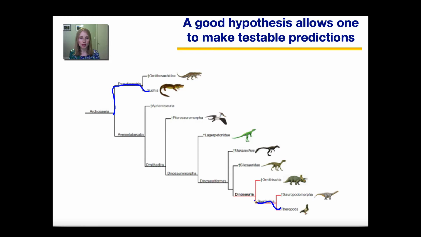So I'm going to take the line of birds and go all the way back to where this line meets dinosaurs. So over here at this point is where there was a common ancestor that gradually gave rise to both crocodiles and birds. Now you can see that this ancestor also gave rise to this variety of dinosaurs.